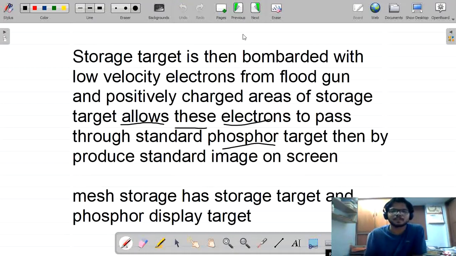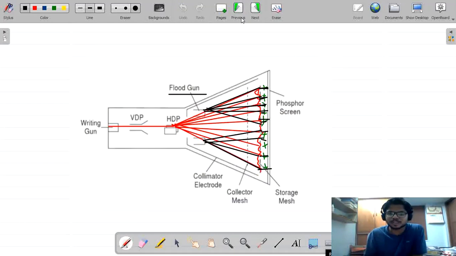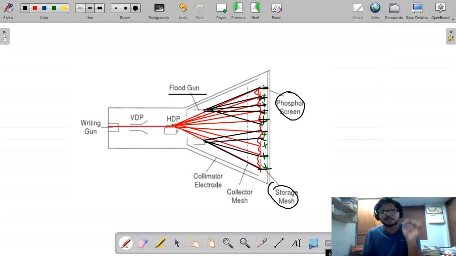Now, for the mesh storage we have the storage mesh and the phosphor screen.